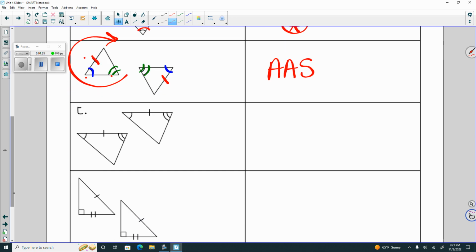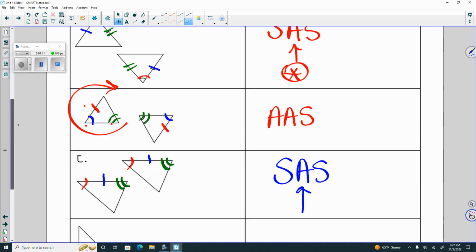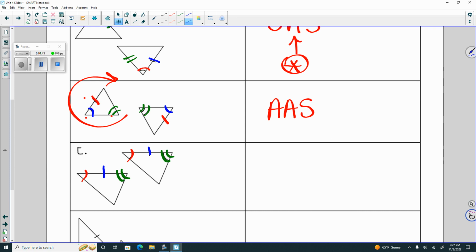The next one says we have a pair of angles that are congruent, another pair of angles that are congruent, and a side between them. So that is going to be angle, side, angle.